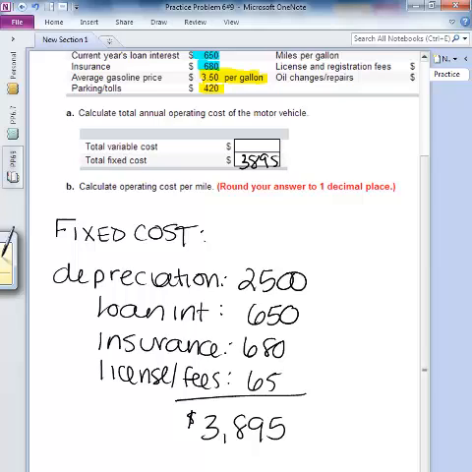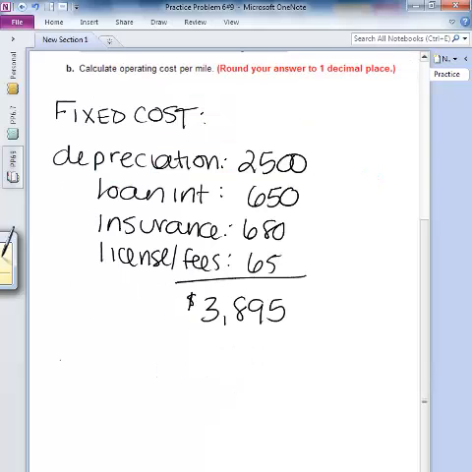For variable costs, it's a little bit more work, so I have to be a little more careful. My oil changes and repairs and my parking and tolls.